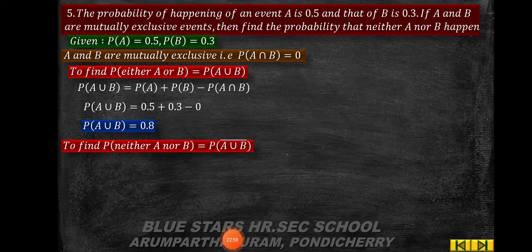To find P of neither A nor B, that is P of A union B the whole bar, it is equal to 1 minus P of A union B. So 1 minus 0.8, you get P of A union B the whole bar is equal to 0.2.